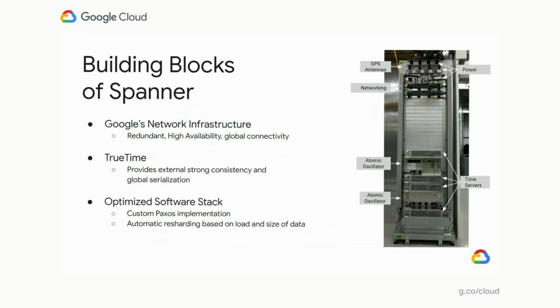Once there's a global notion of time for a distributed database, we can promise external strong consistency to our customers. And this is something which is extremely important. The ordering of transactions for financial services, for retail sector, is something which we are only able to offer because of TrueTime.